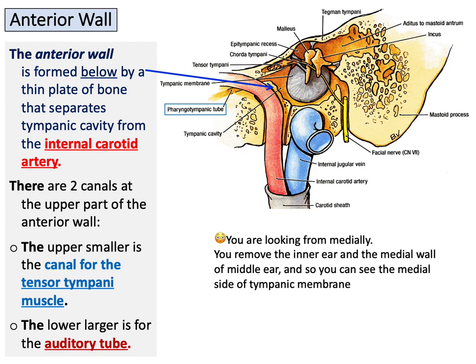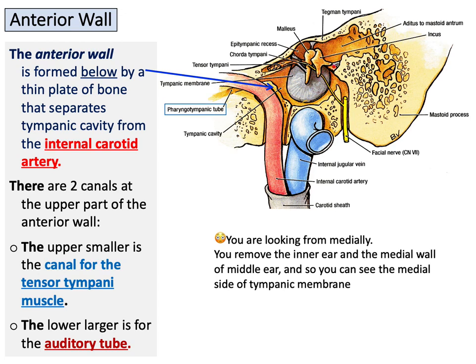Now let us start with the walls. But before the anterior wall, can you understand which kind of view you are looking at? This is, again, the eardrum. This is the mastoid process behind your ear.